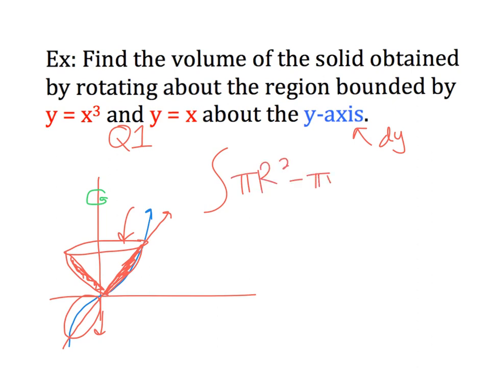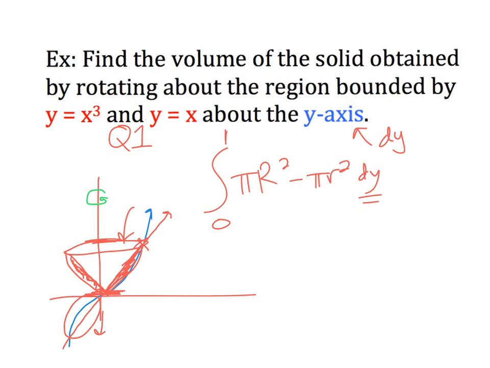So big R squared minus little r squared. And remember, it's with respect to y. Our bounds are going to be where they meet in the y values. So from the origin, a y value of 0, to where they meet, and you can think about that mentally or set those equal to each other algebraically. They meet at 1 as well. So our bounds are from 0 to 1.